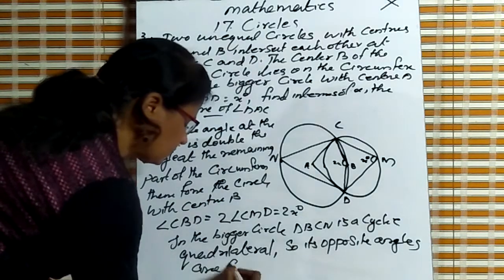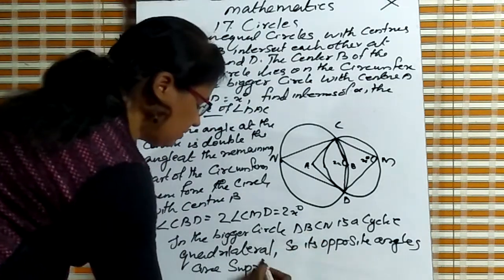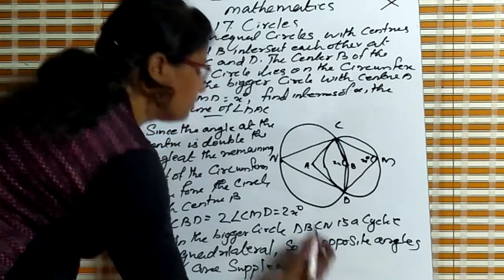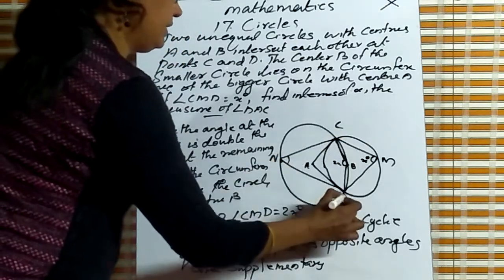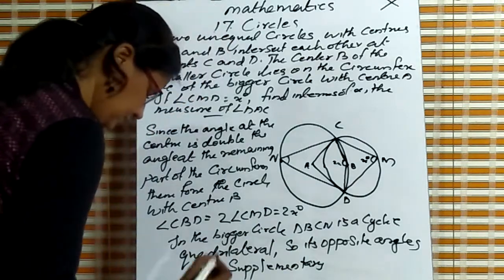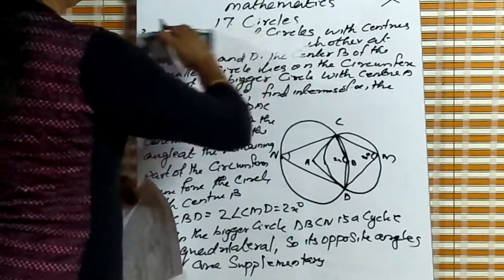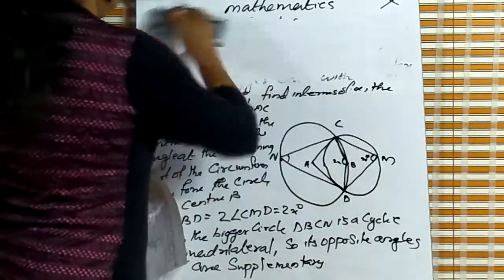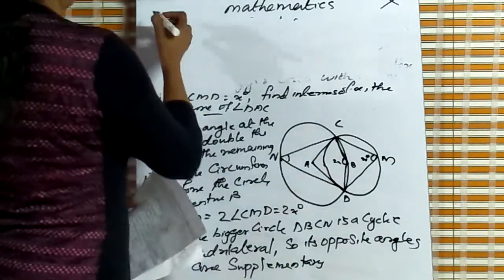Which are the opposite angles of this DBCN? One pair of opposite angles are these two, angle CND plus angle CBD. These two angles are supplementary.